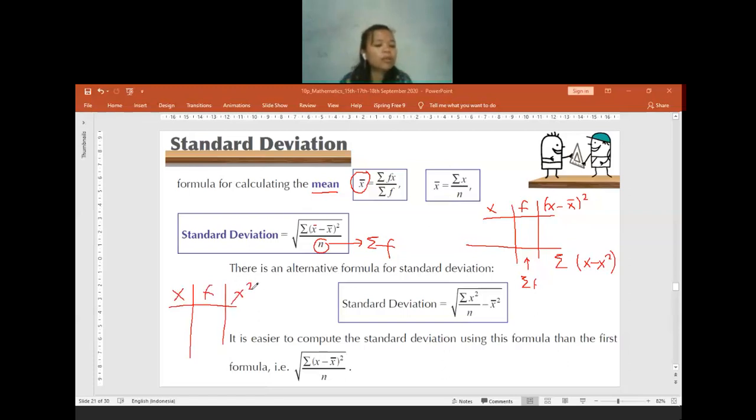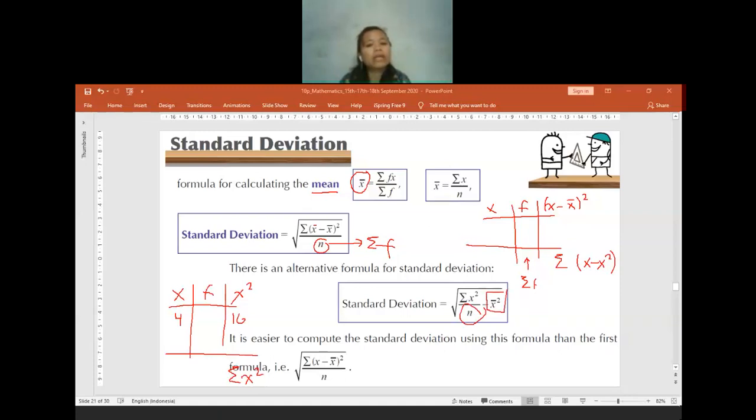For example, if the value here is 4, x squared will be 16. You do the same for all of the values. After that, you find the total of x squared, and also the total of frequency, which we call n, for sigma f. After that, you still have to find the mean. For the mean, you can directly square root it.